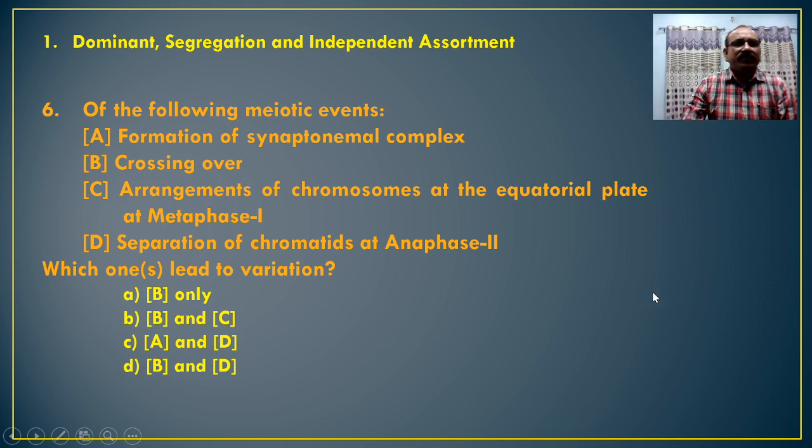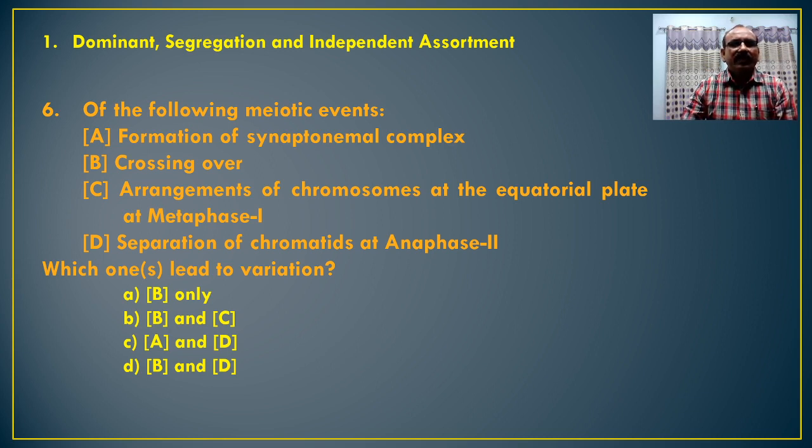Here is the sixth question: which one of the following meiotic events leads to variation: formation of synaptonemal complex, crossing over, arrangement of chromosomes at the equatorial plate at metaphase 1, or separation of chromatids at anaphase 2?